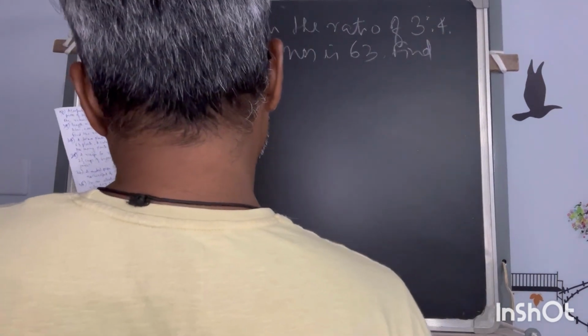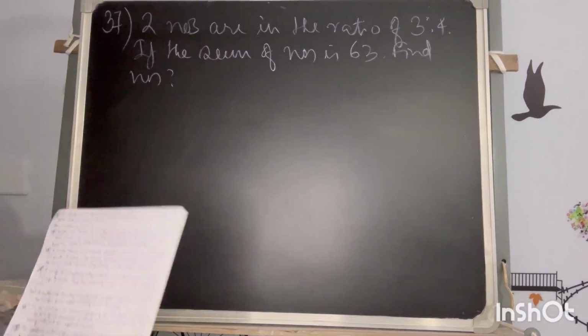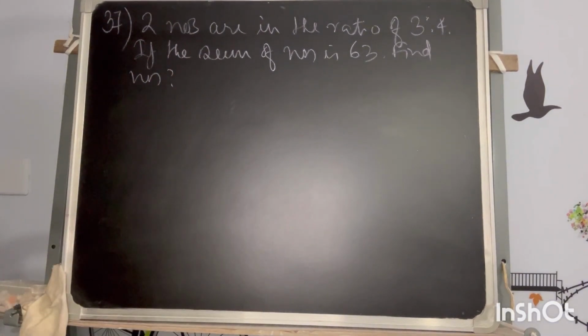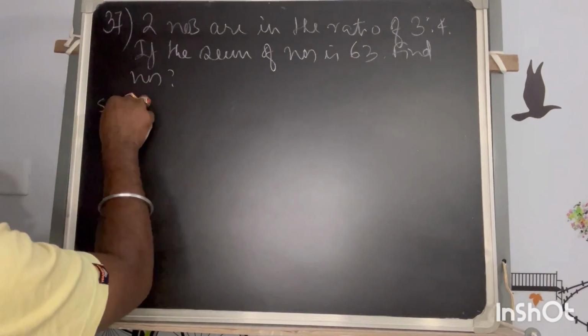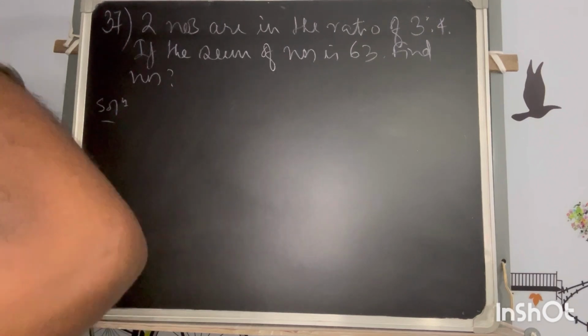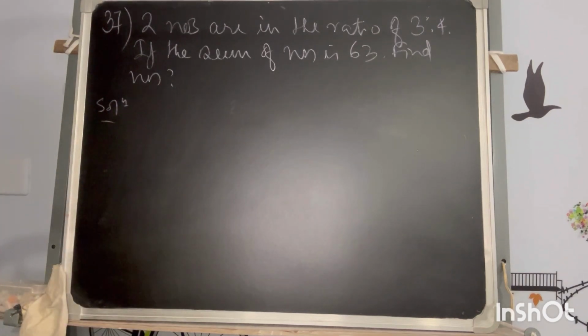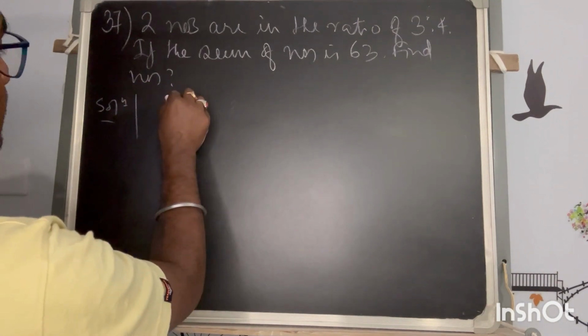Both the numbers have to be found. Two numbers are in the ratio of this, and the total is this. The sum is this much, so find the numbers. What is the ratio? 3:4.